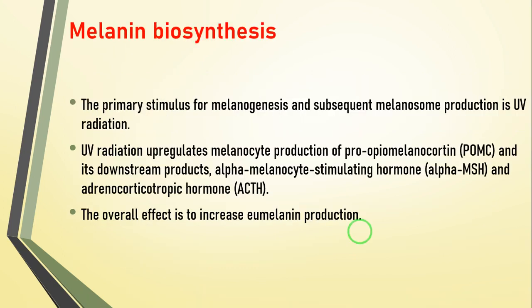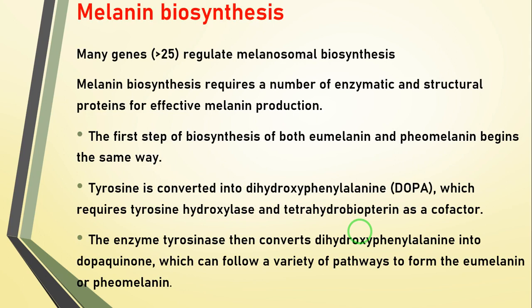The primary stimulus for melanin production is exposure to UV radiation. UV radiation will stimulate the production of melanocyte stimulating hormone, and before this step it will stimulate the production of the precursor, which is pro-opiomelanocortin, and then melanocyte stimulating hormone will stimulate the production of melanin.